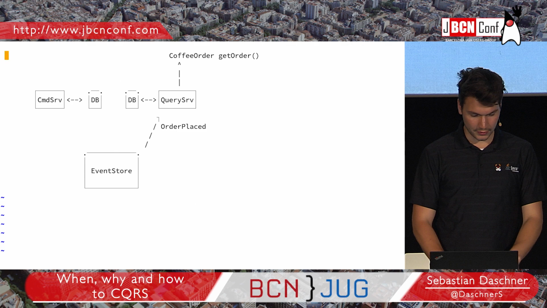Okay, good. The same is true for the command service. So the command service, if it has to, will also consume events and update its internal representation. And there will be an event handler who then will fire subsequent commands if needed.